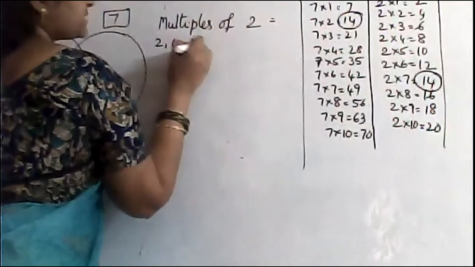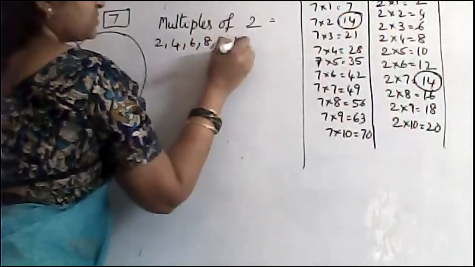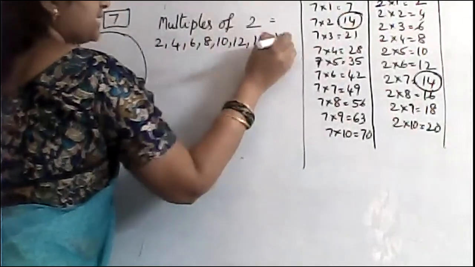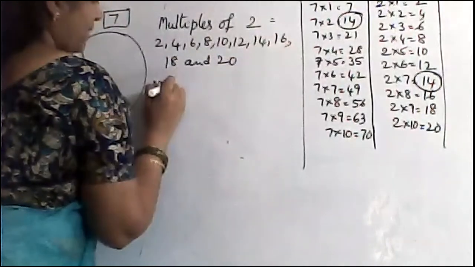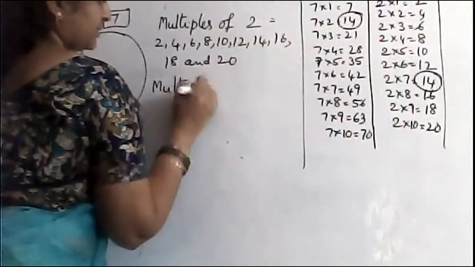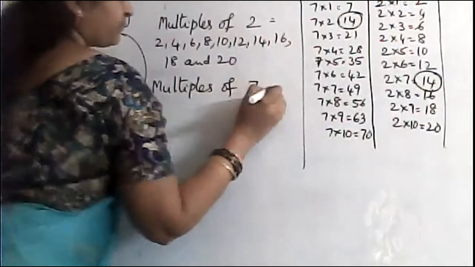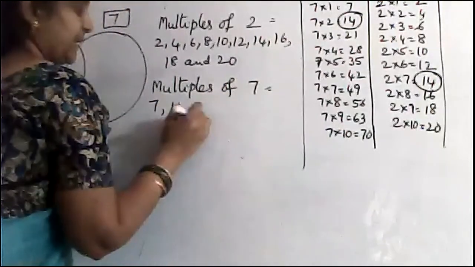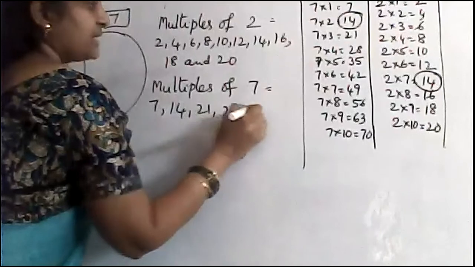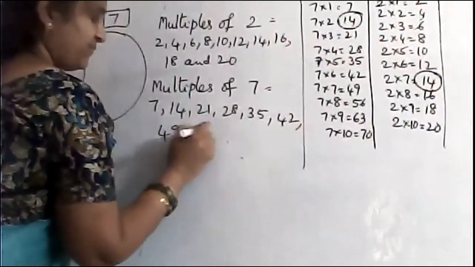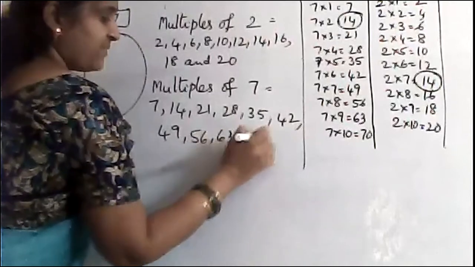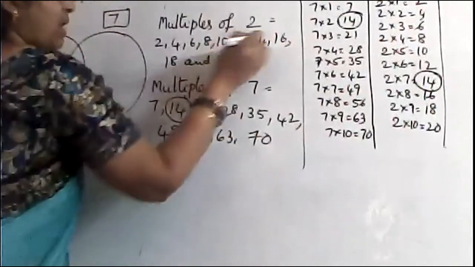2, 4, 6, 8, 10, 12, 14, 16, 18, and 20. Now multiples of 7: 7, 14, 21, 28, 35, 42, 49, 56, 63, 70. What is the common number here?